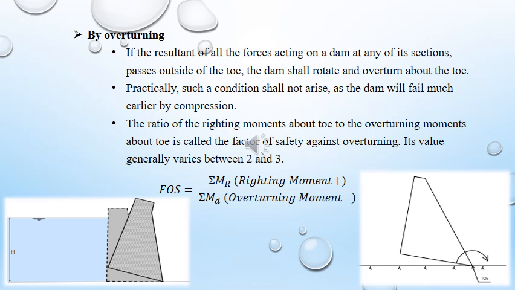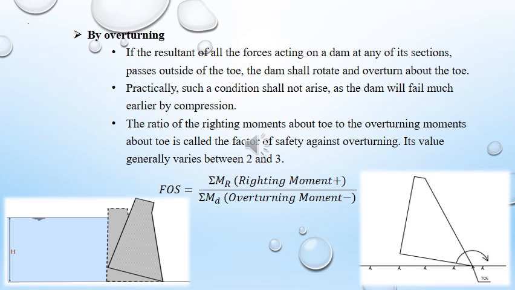In that case, the resultant moment at the toe becomes clockwise, meaning negative. If the resultant cuts the base within the body of the dam, there will be no overturning. For the stability requirement, the dam must be safe against overturning.